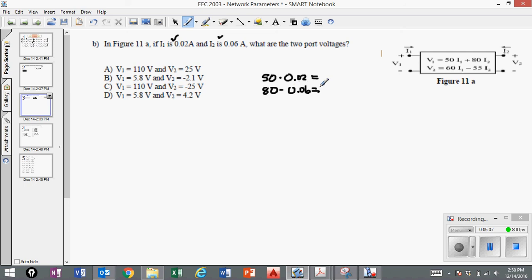And that will give you another value. What you're basically doing is using Kirchhoff's voltage law, which presents two voltages that will add up to the source voltage. So 50 multiplied by 0.02 will give you 1 volt.